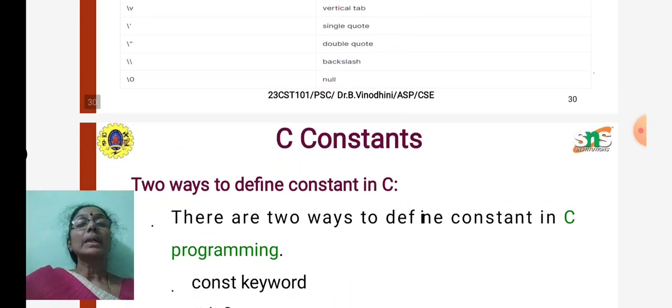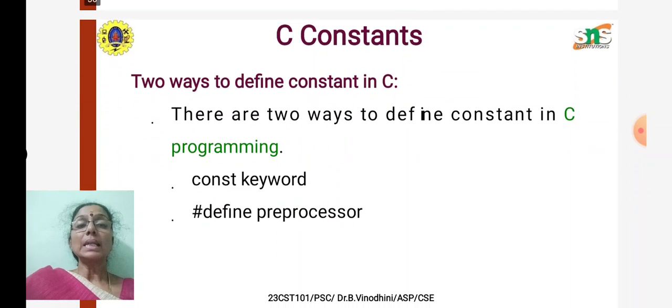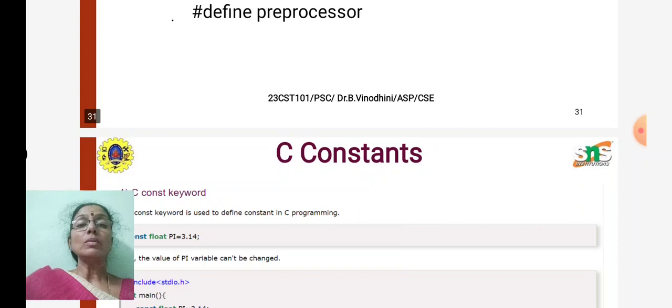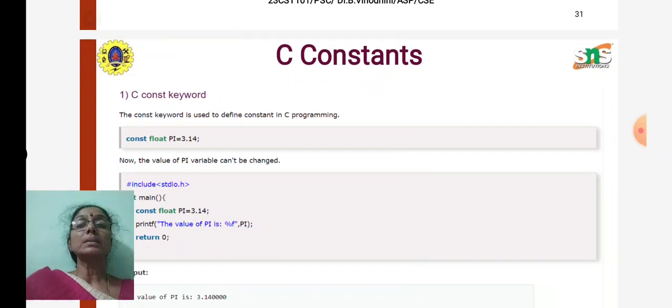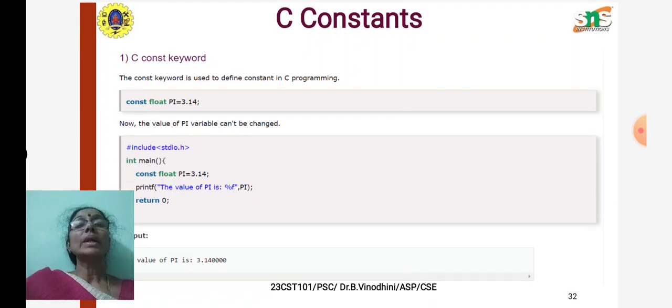Next, we can define a constant in two ways. Either we can use the keyword const, or we can use the hash define preprocessor. For example, with the const keyword, this is an example. Here constant float, the pi value is declared as 3.14, that is constant throughout the whole program.